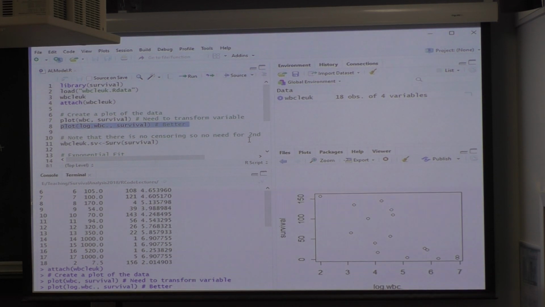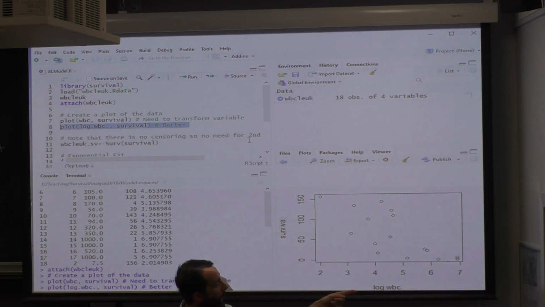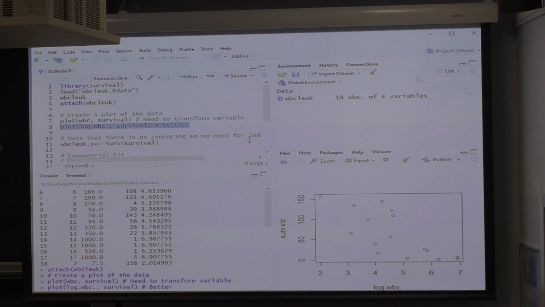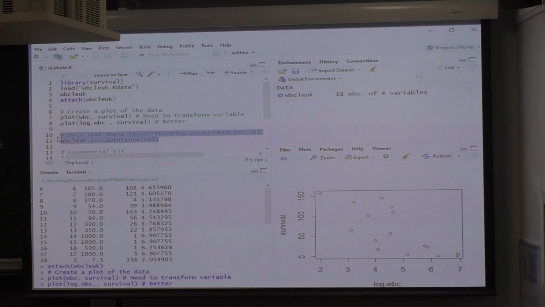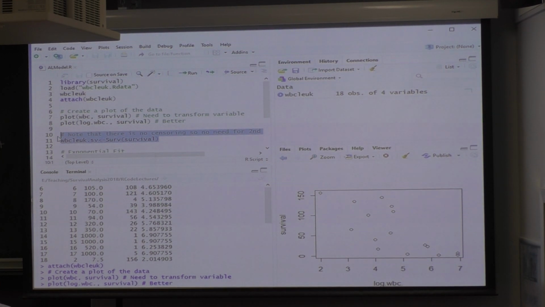And that looks like more of a linear relationship between the observed survival times, there's no censoring, and the log of the white blood cell count. Now we're going to test how this white blood cell count affects expected survival time, and whether it is significant or not.